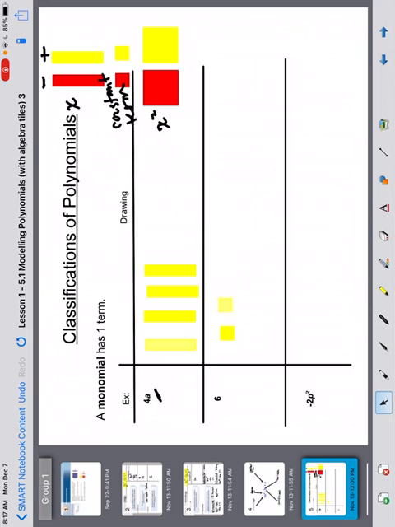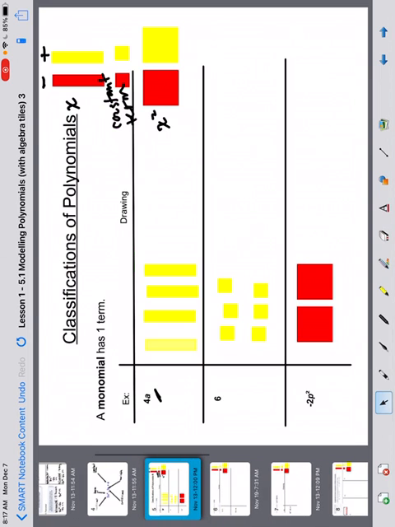They're positive, so they're yellow, and we need to place 6. Then −2p². Those are negative, so we're going to be using red, and they're p²'s, so we need to use these. And those were all monomials because there's only one term in each.